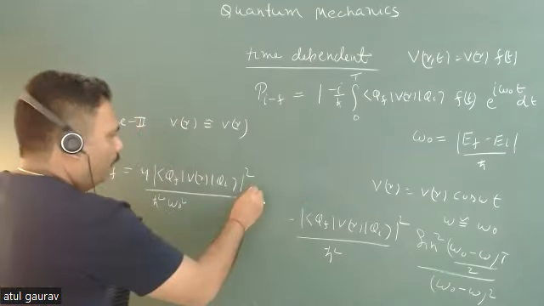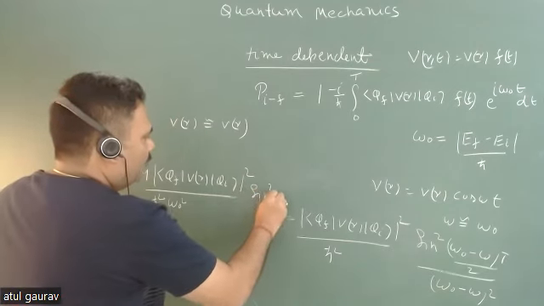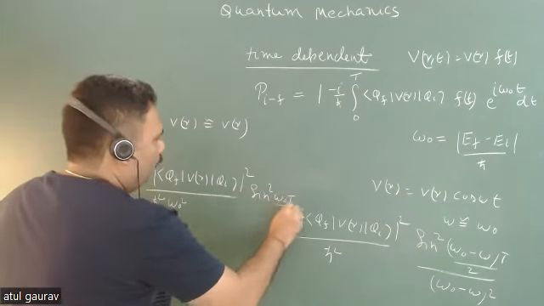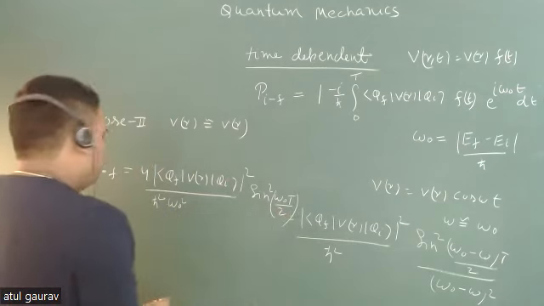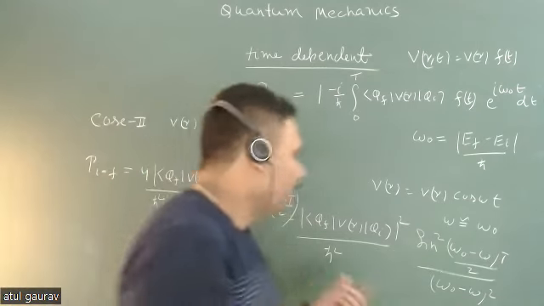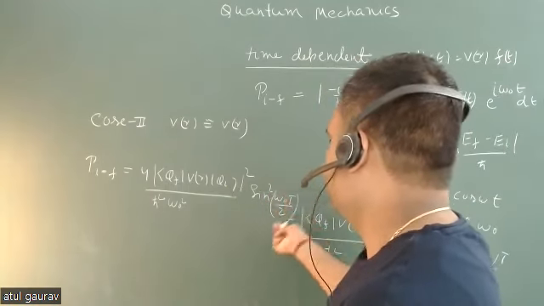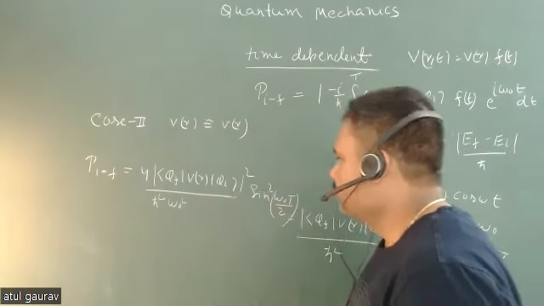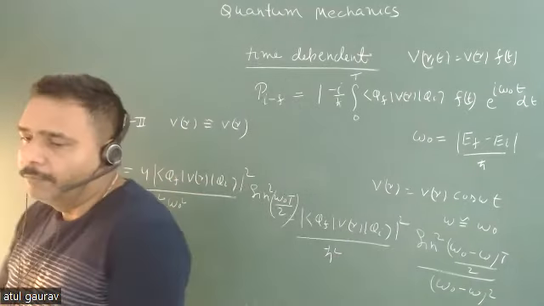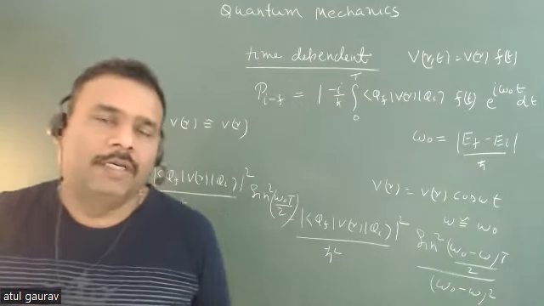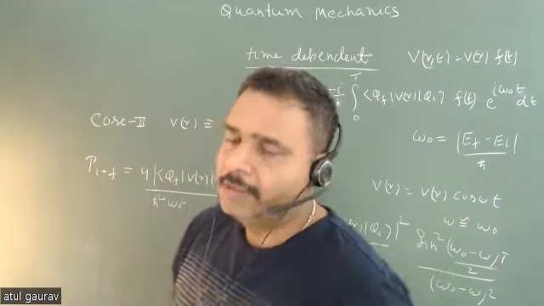And if your omega t by 2 is very small, you can easily change this particular thing, sin(omega t by 2) divided by (omega t by 2) is equal to 1.